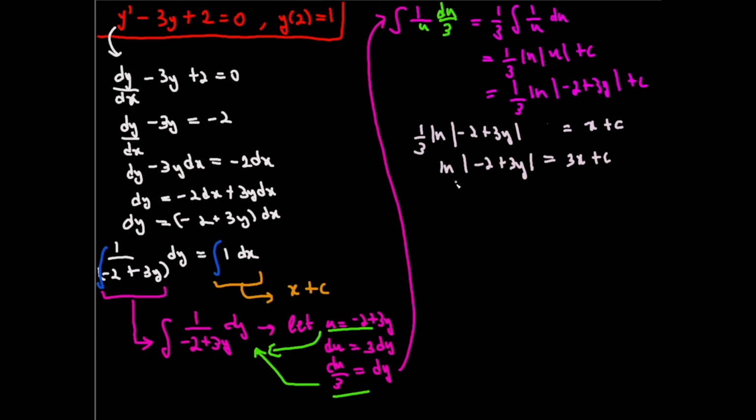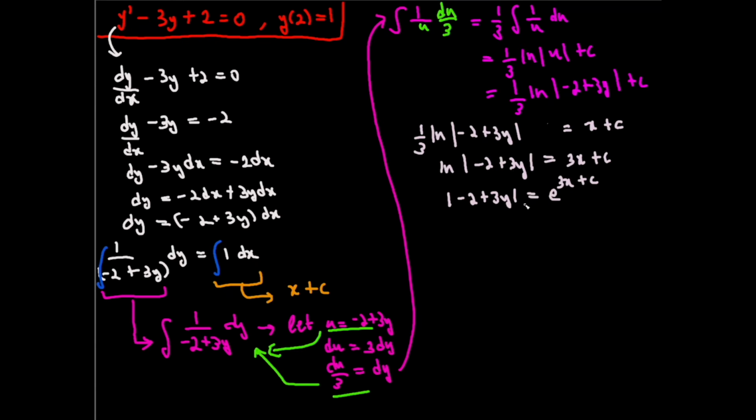Okay. Now, because we have a log on this side, let's take the exponent. When we take an exponent of a logarithm, we get whatever's inside, right? So this is just the absolute value of -2 plus 3y, which equals, taking e of both sides, e to the 3x plus c. Okay, great. Now we have to solve for this y value.